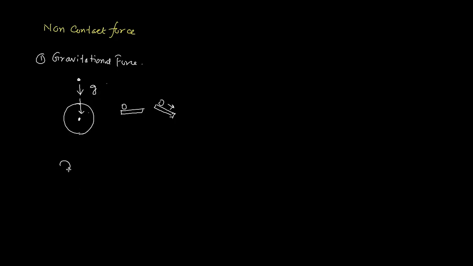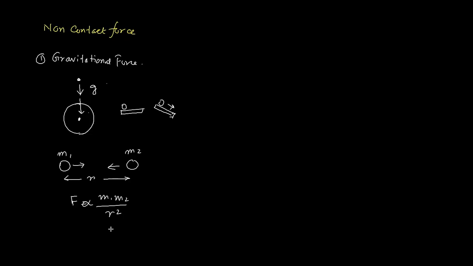Another thing is that this is one mass m1 and another mass m2, kept a distance r apart. Then they have a force of attraction with each other, and this force is called the gravitational force. F is proportional to m1 m2, and F is proportional to 1 by r square.